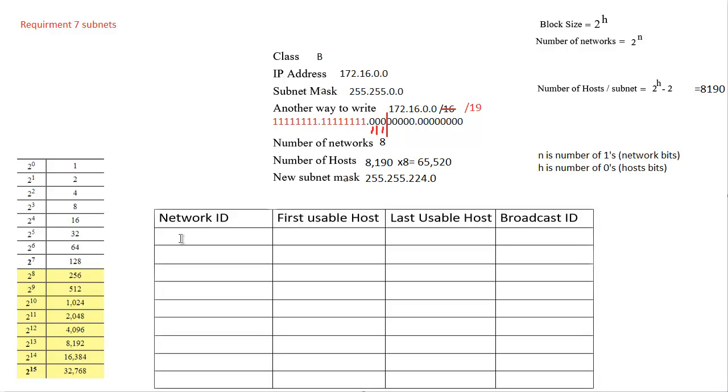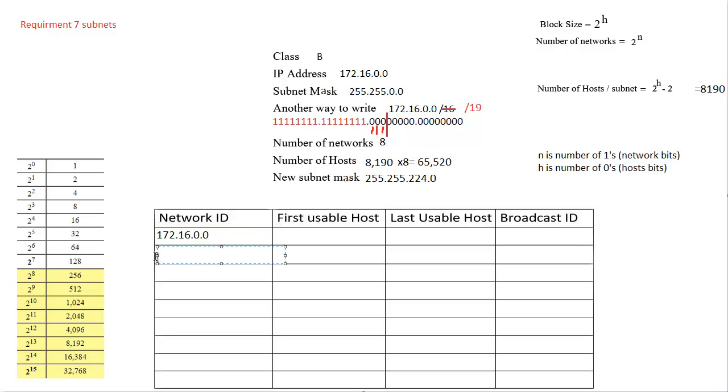Now, what is our first network ID? First network ID always starts from zeros. So this is our first network ID. What is the next network ID?